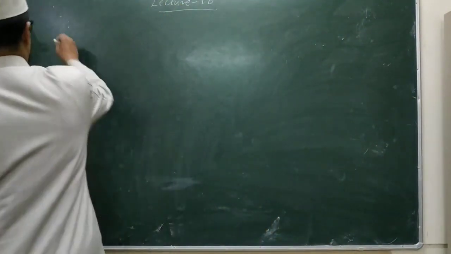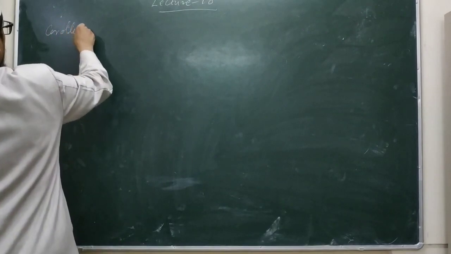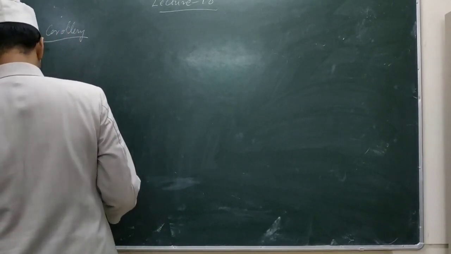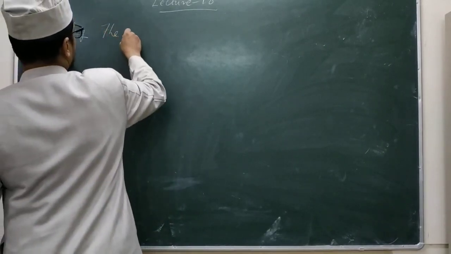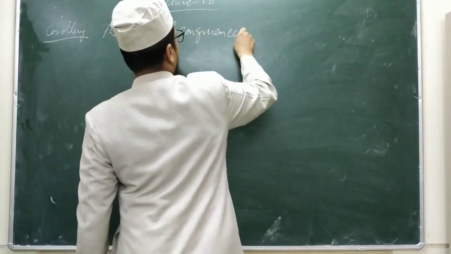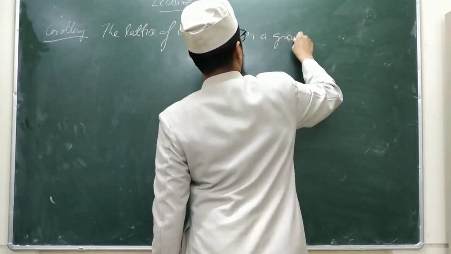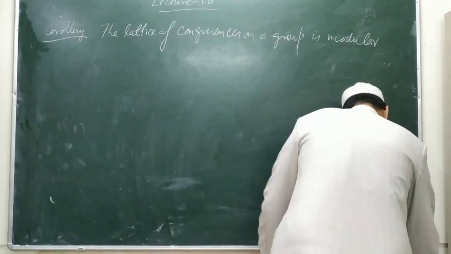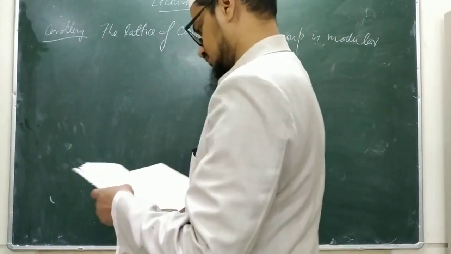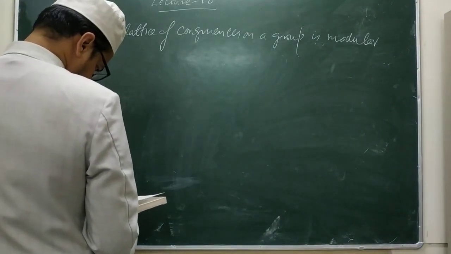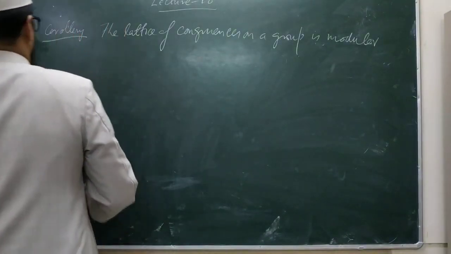Here one corollary of this result is that the lattice of congruences on a group is modular. This is corollary 1.8.4.